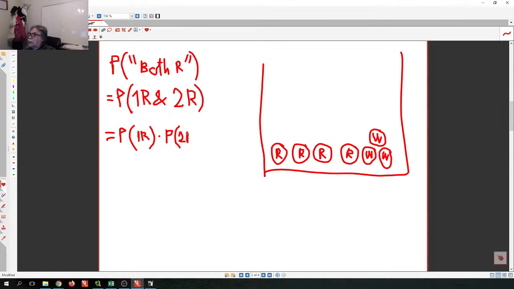Probability of second being red, given that I know the first one was red. Okay, this is the property number 6.